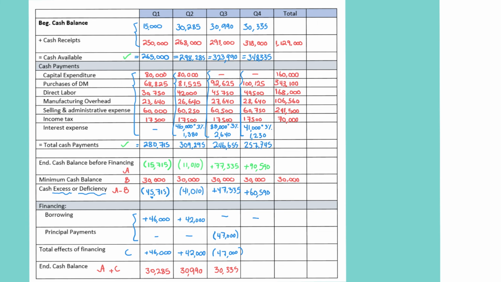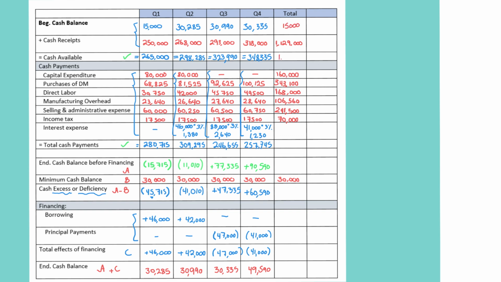Yes, I have extra 60, so I can pay all of it, which is 41,000. So the total effect of financing is negative 41. So now A plus C, I have positive 9590. I'm gonna pay 41. So what's left? 49,590.